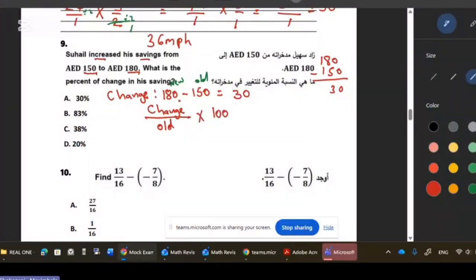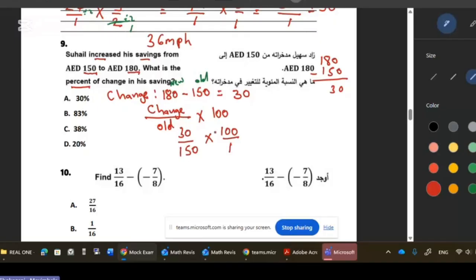Why by 100? Because they're looking for the percent of change. What is the percent of change? Hence, we're multiplying by 100. So my change here is 30 over 150 multiply by 100. I'm having a fraction here. I might as well make this 100 a fraction.